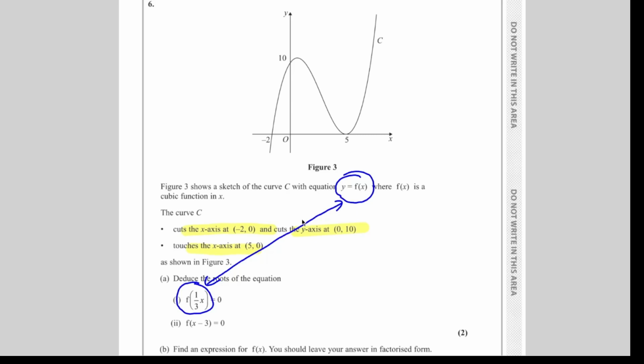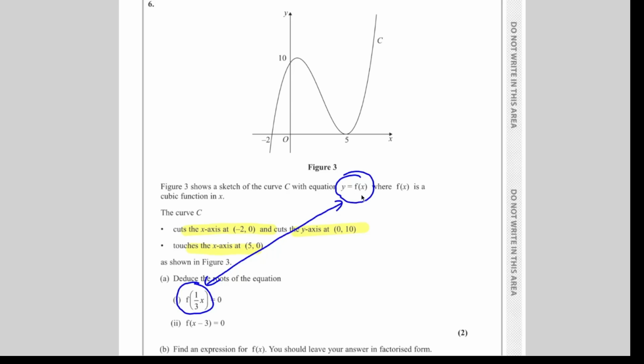If there is any change to y equals f of x, it means a transformation has taken place. You have to analyze what the change is. Earlier it was f of x, now it has become f of 1/3 x.